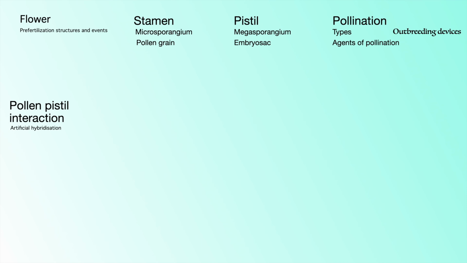Next, these pollen grains have to be landed on the female part of the flower, that is the stigma, for further fertilization. The process of artificial hybridization is different depending on whether we are pollinating bisexual flowers or unisexual flowers.